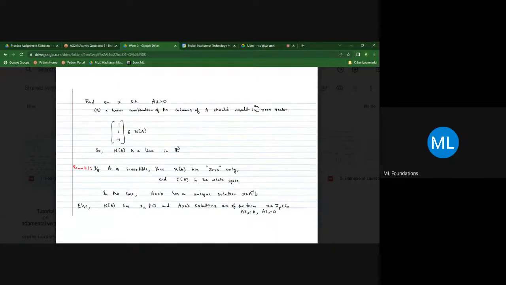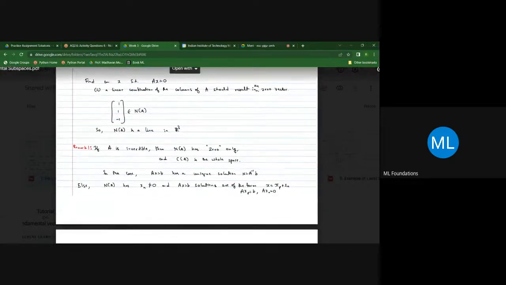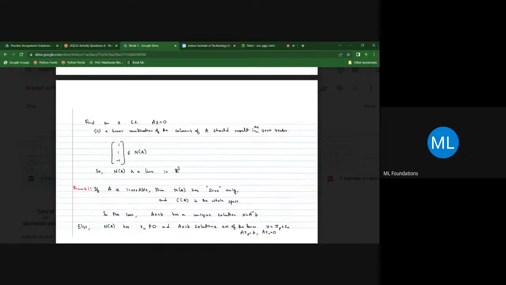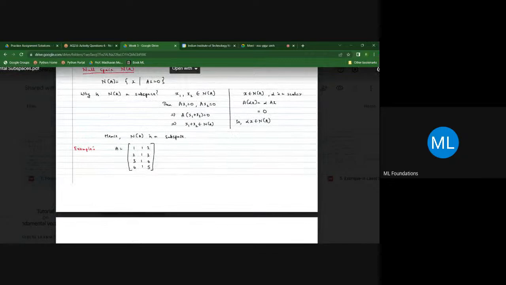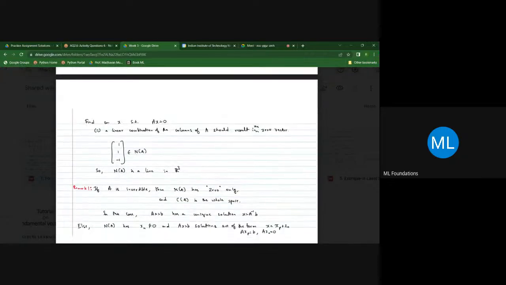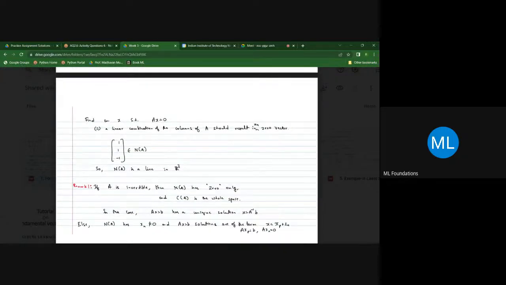All right. Later, this one is important. If A is invertible, that basically means it will not have any non-trivial null space.